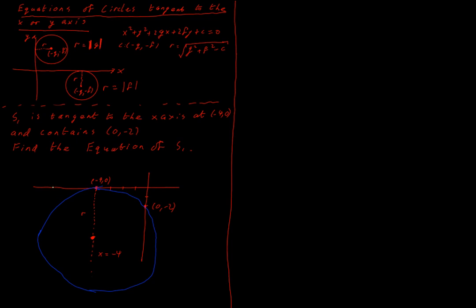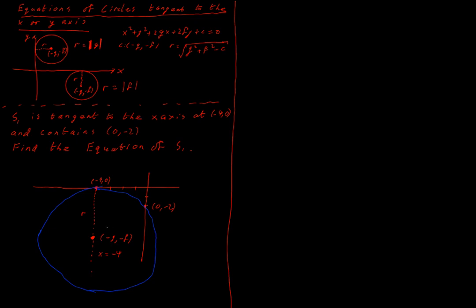If I have the perpendicular to the x-axis going through -4, what fact describes all of the points on my dashed line here? They all have x is equal to -4. So I know that the equation of my dashed line then is x is equal to -4. What else do I know? I know from my arguments up here that the center of my circle is going to be at (-g, -f).